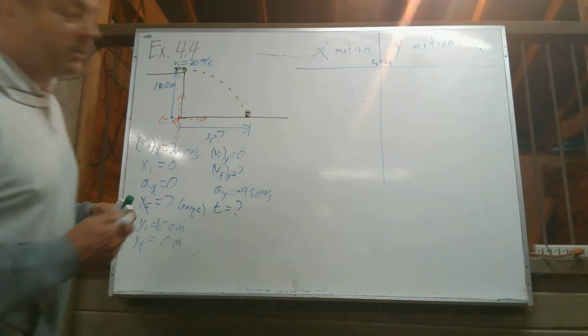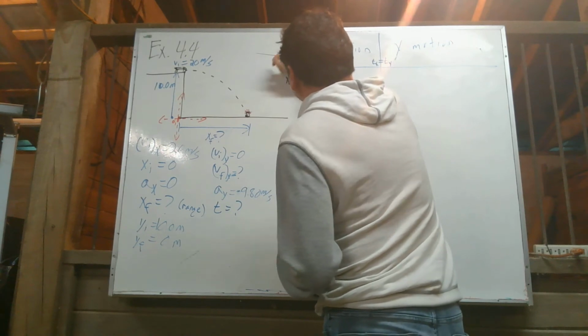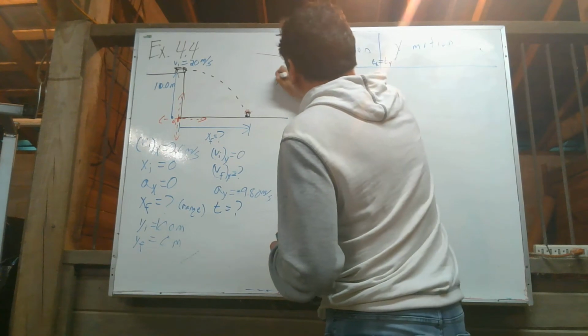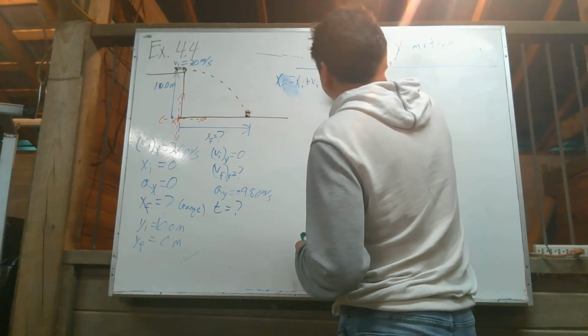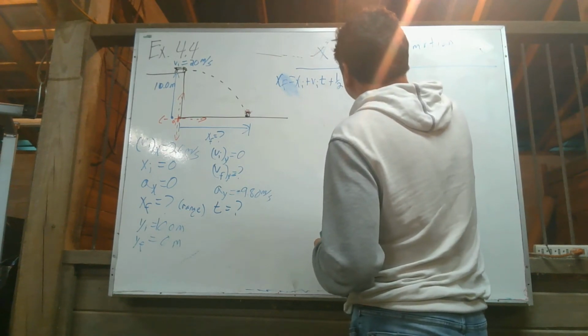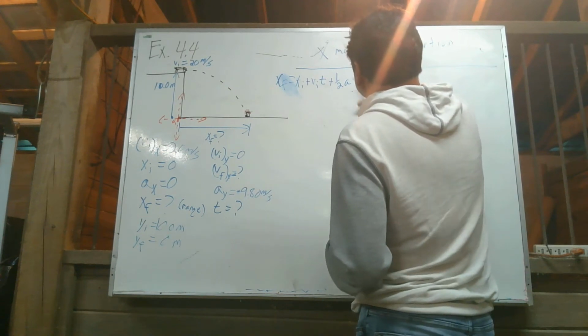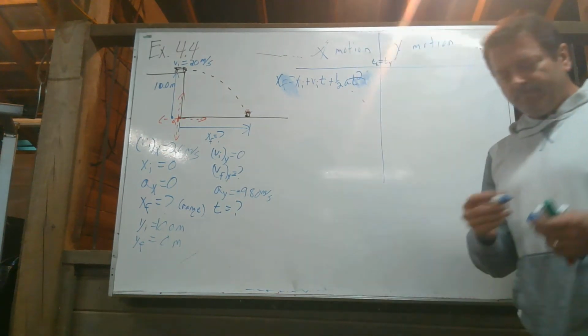Let's just use our basic big long equation: x final equals x initial plus initial velocity times time plus 1/2 acceleration times time squared. All right.